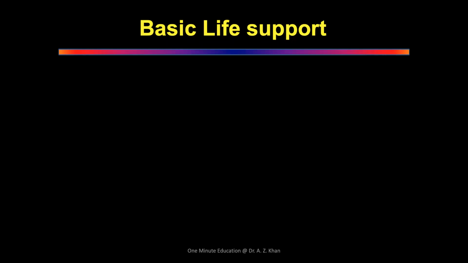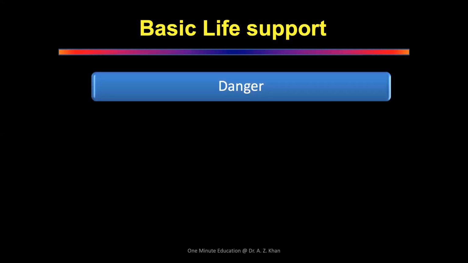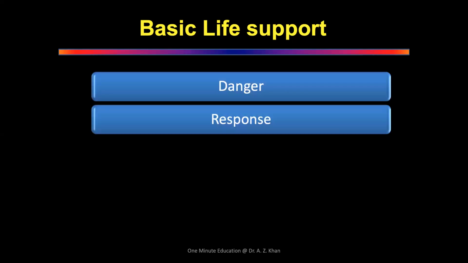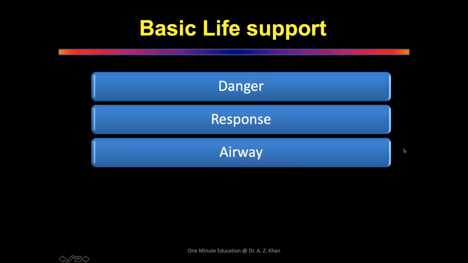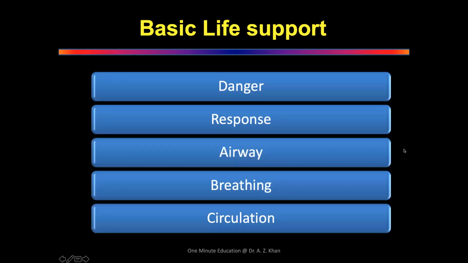ATLS is A, B, C, D, E. It's a universal response so that everybody does the same thing when they see a patient. That is why BLS, you must do it as Dr. ABC, D-R-A-B-C. First is look for danger, look for the response of the patient, look for airway, look for breathing, and look for circulation. Is it clear?